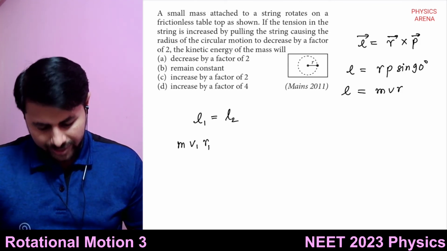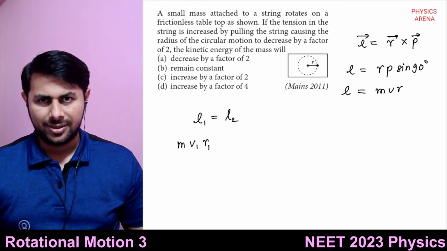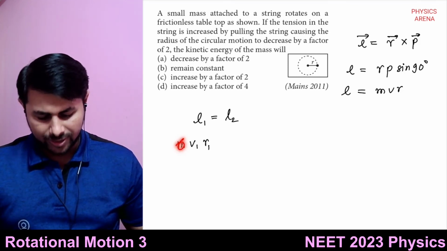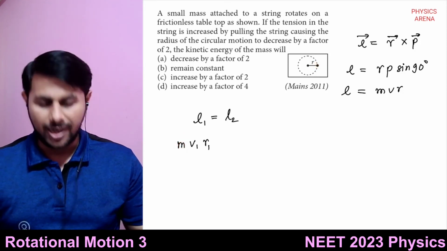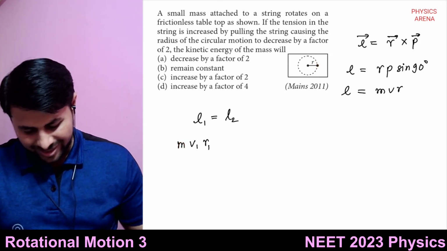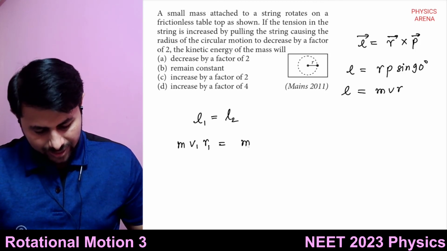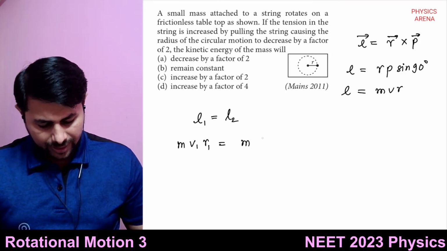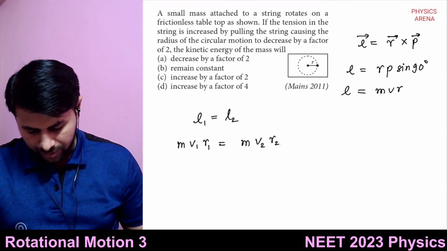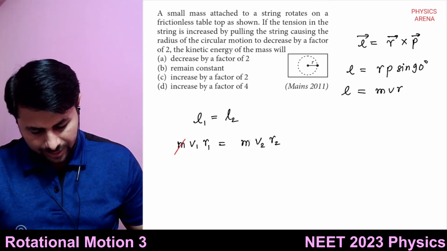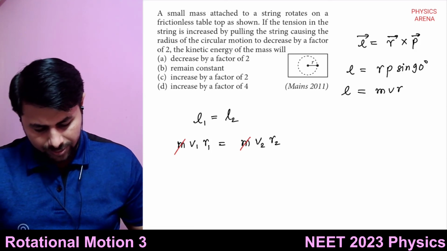But you are changing the radius, so speed will change. The mass of that particle will remain constant. So L2 is m, v2, r2. Okay, so m and m get cancelled, and what is r2?